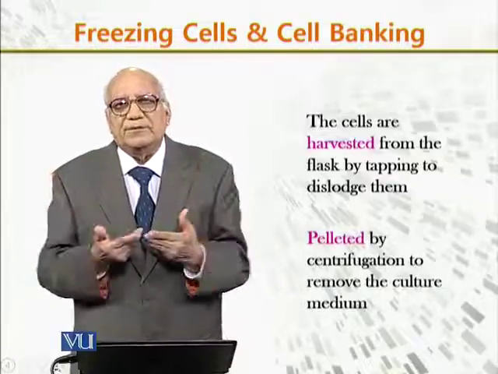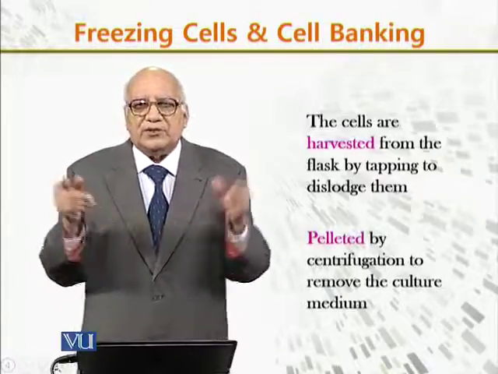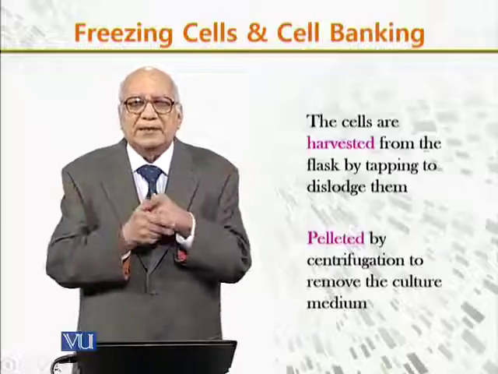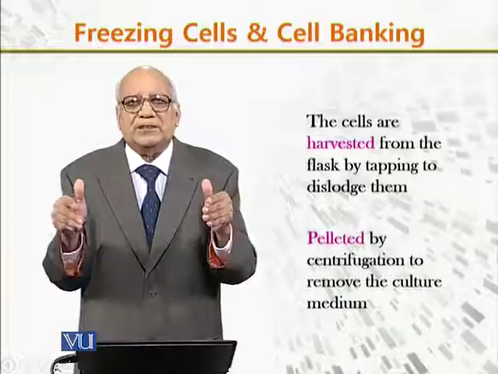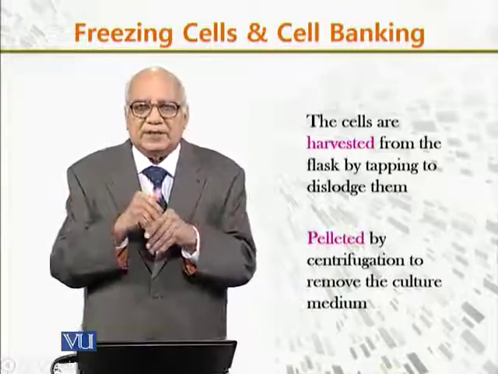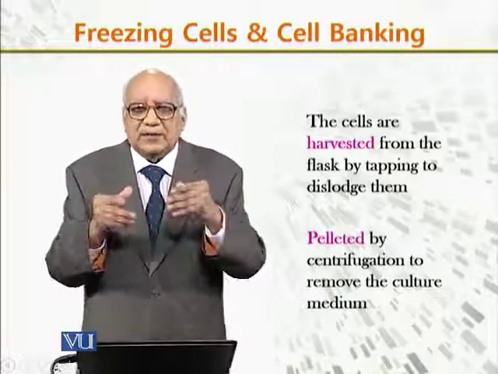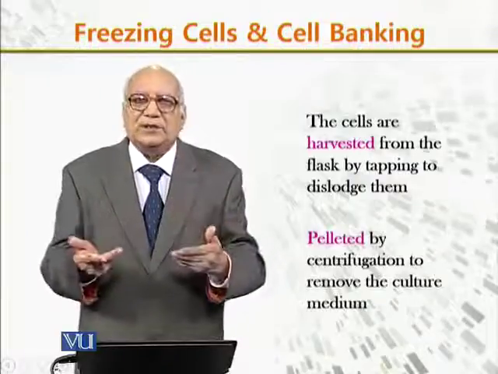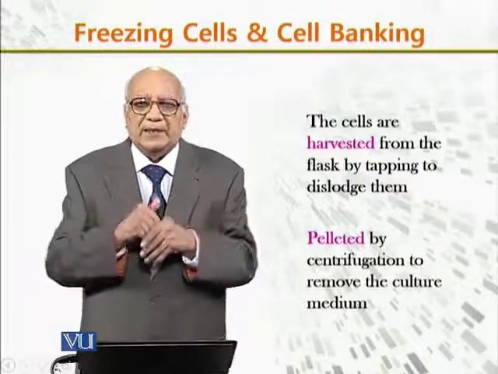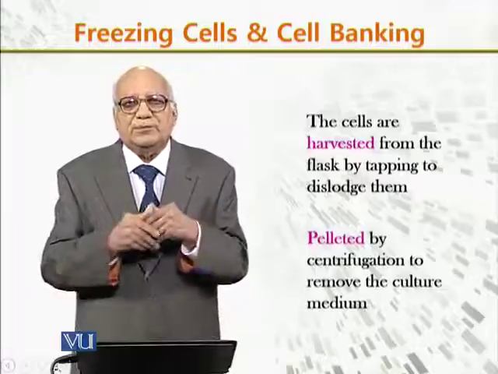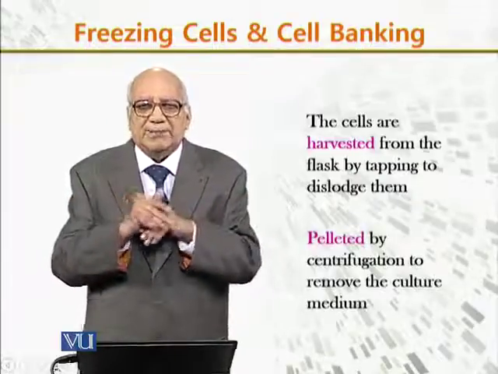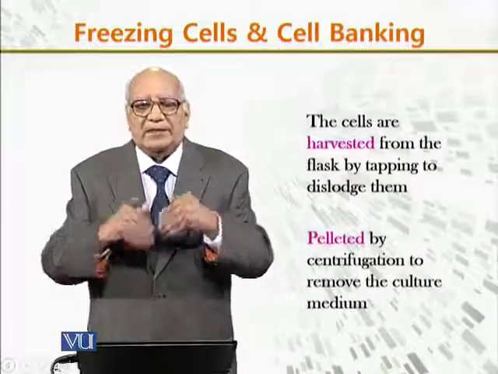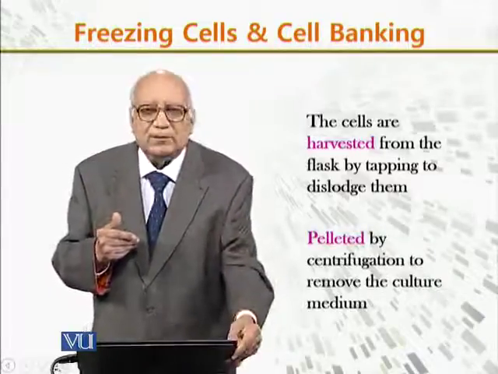We remove them by tapping the flask walls so they are dislodged. Once they are in solution, they are pelleted by centrifugation, where they make a pellet and the culture medium is removed from them.